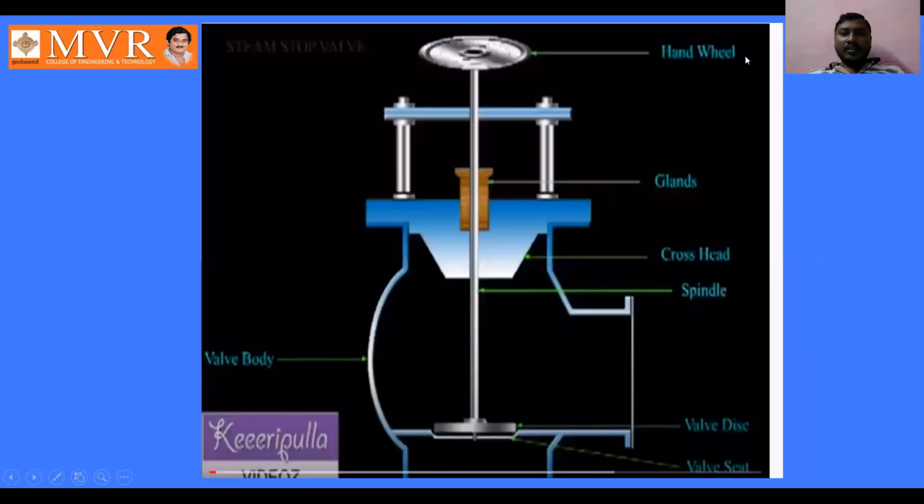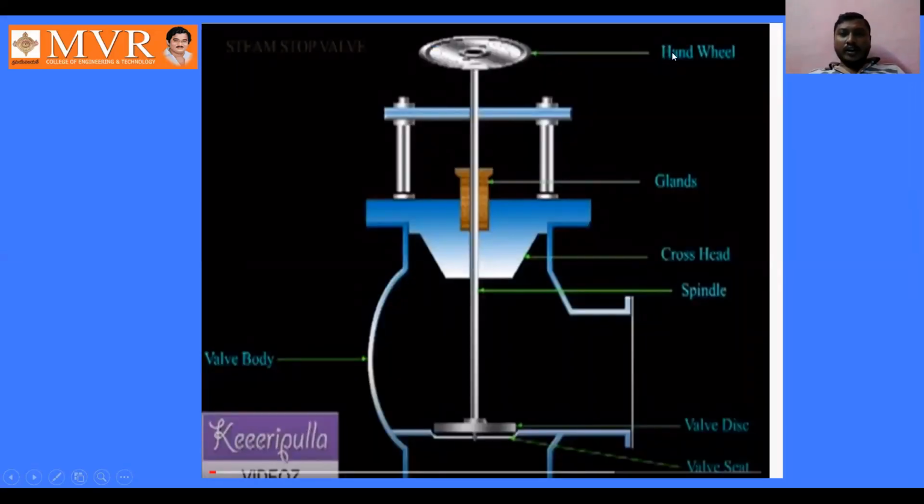Coming here, when we rotate the hand wheel in the clockwise or anti-clockwise direction, the valve disc is going to move in the upward direction, and this is how the steam enters into this valve body.